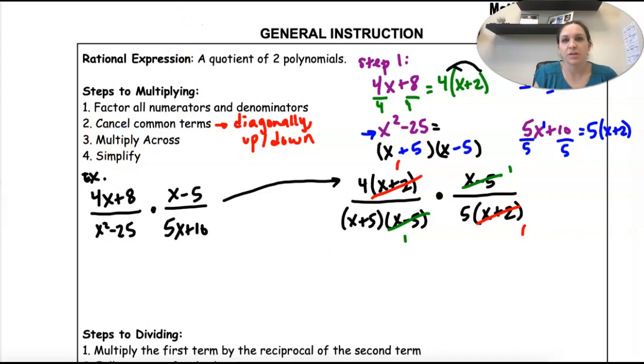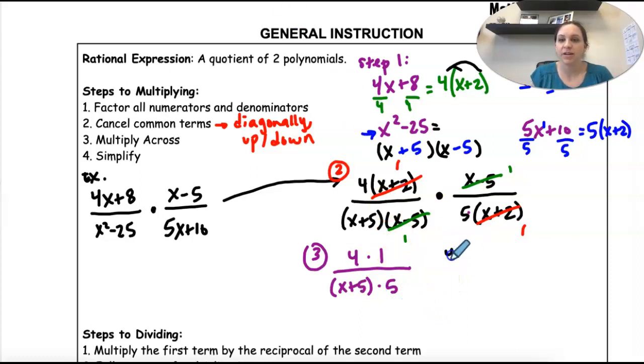So this was step 2. Now we're going to do step 3, where I multiply across. So I have 4 times 1. And I have x plus 5 times 5. And now, last step, we're going to simplify.